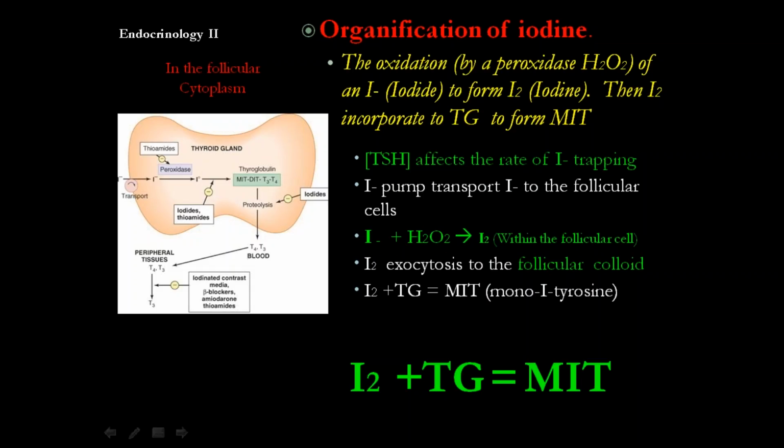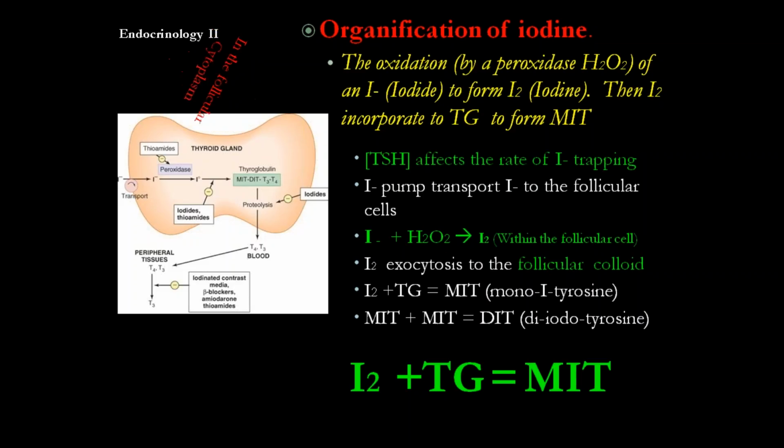When they go into the colloid substance, they are going to form the MIT, monoiodotyrosine. The M is because they have one molecule of iodine. Monoiodotyrosine plus monoiodotyrosine is going to lead into diiodotyrosine.